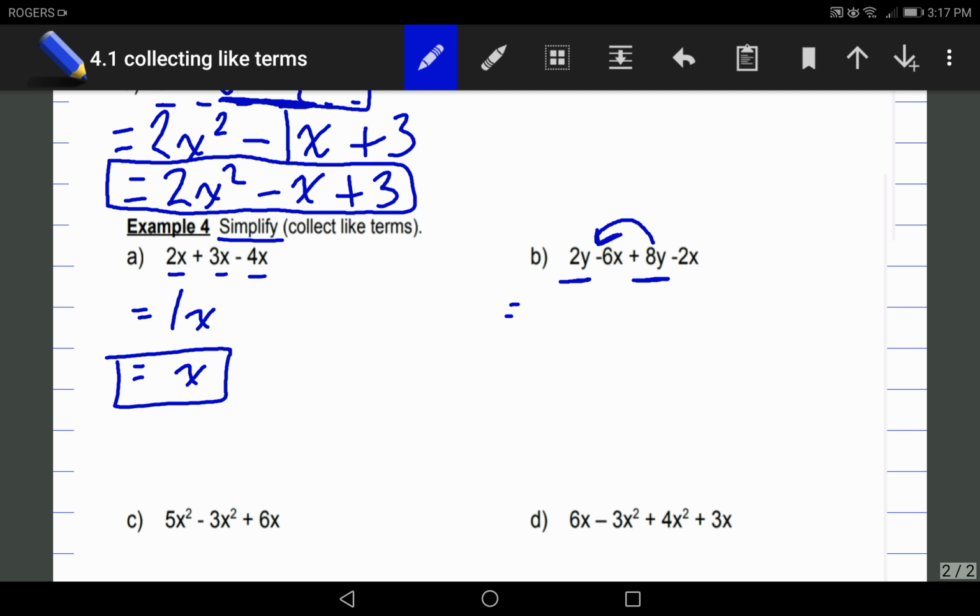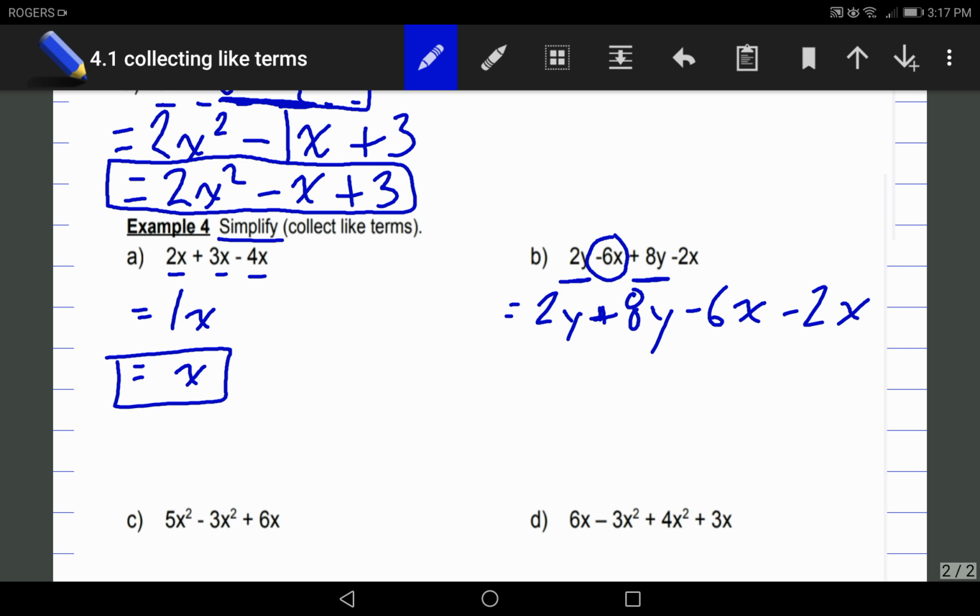So you get 2y plus, remember, always bring the sign that's in front. A lot of students would have put minus here, but you bring the positive sign with the 8y. Always, always. Then, let's just erase and clean this up a little bit. Bring the whole minus 6x here, just so that it's beside the minus 2x, which is there.